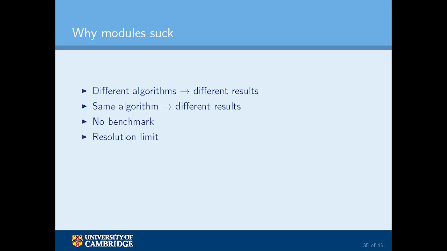And there's also something called the resolution limit. I talked about how you can look for big modules, you can look for small modules. The little bit of a lie there is that if you get too small, you can't look for modules anymore. No matter how you tune these, they can't find small modules. And that's a problem. You also have to tune parameters.